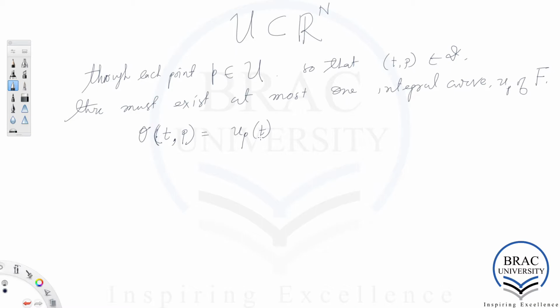So if there were two distinct integral curves, UP and VP, through the point P at a given time t, we would have theta at (t, p) to be both of them, right?